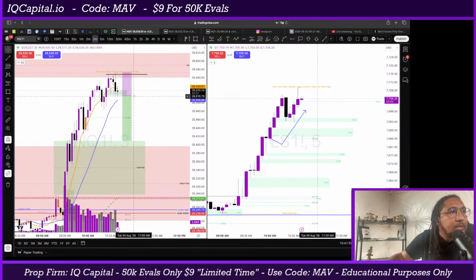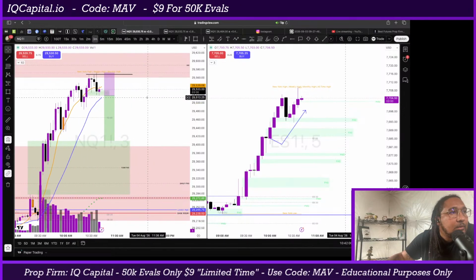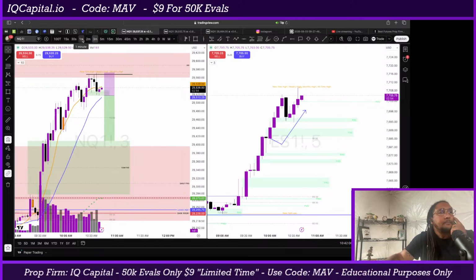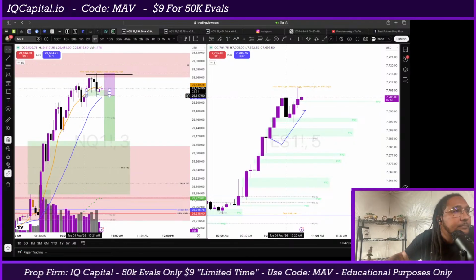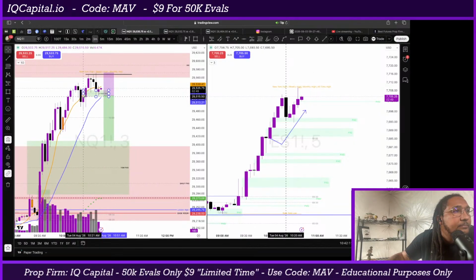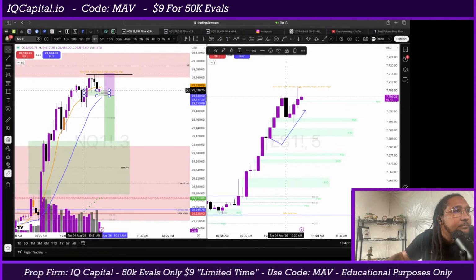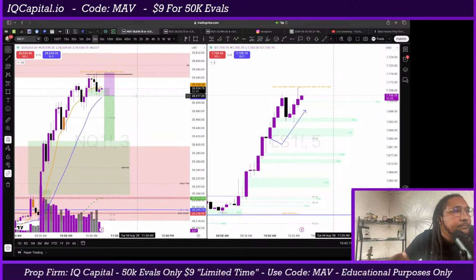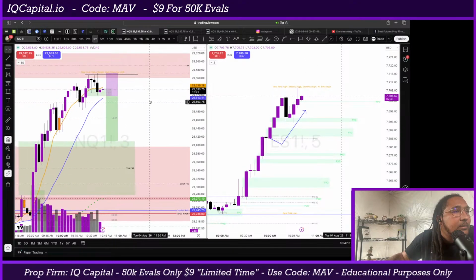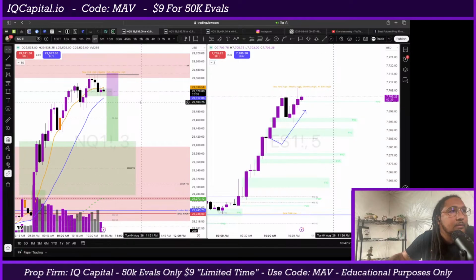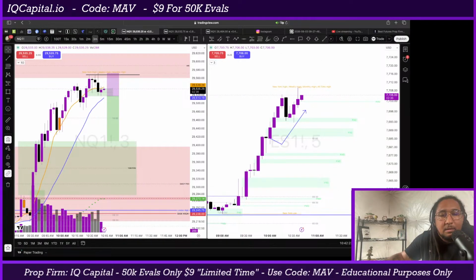And this 1 minute kind of lines up with the 3 minute as well. So let's stay here on this 3 minute. And if we close below on this 3 minute, that would be great for our short plan here.